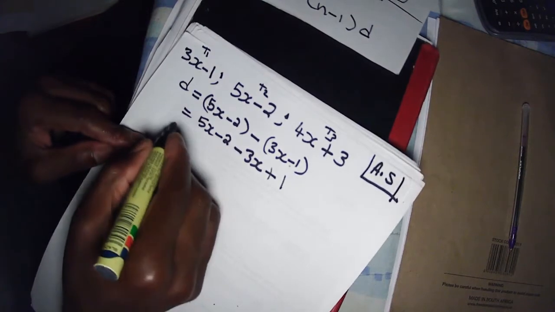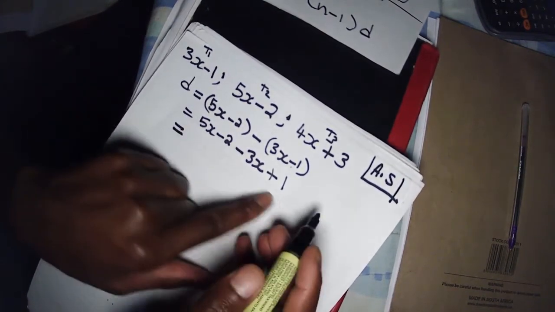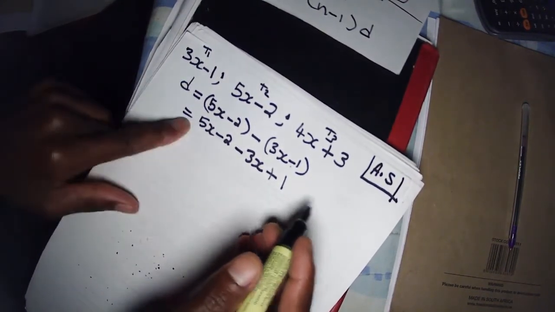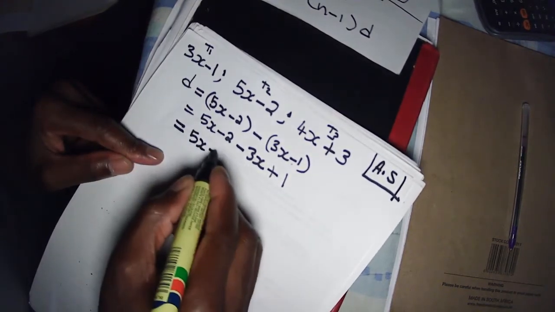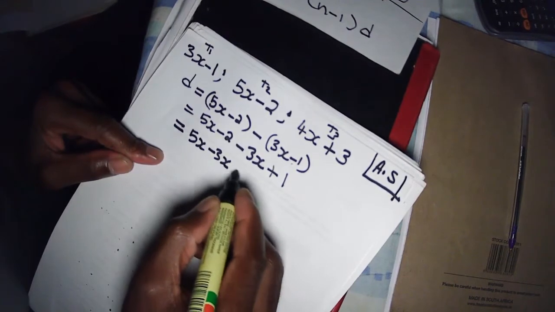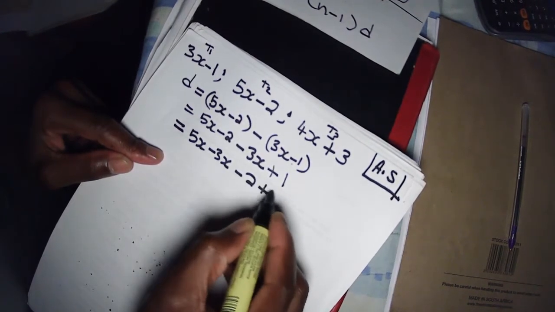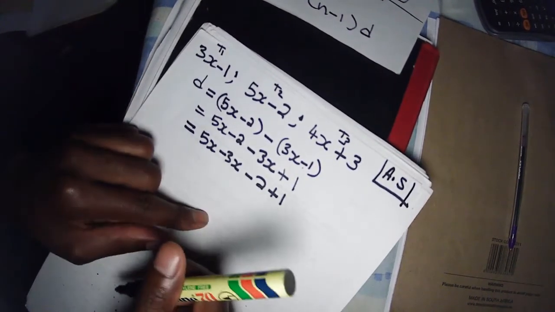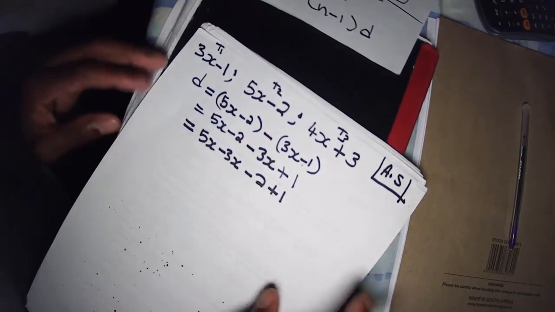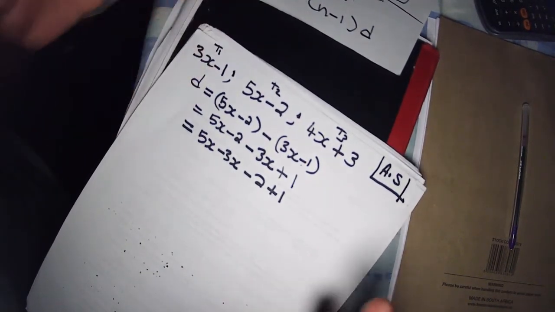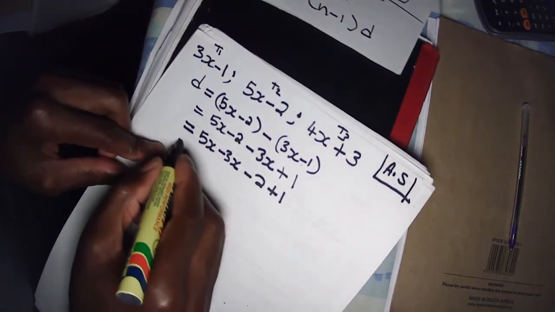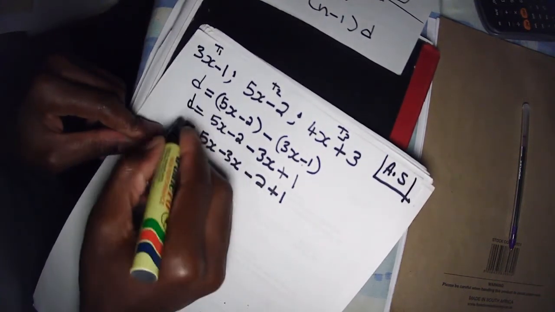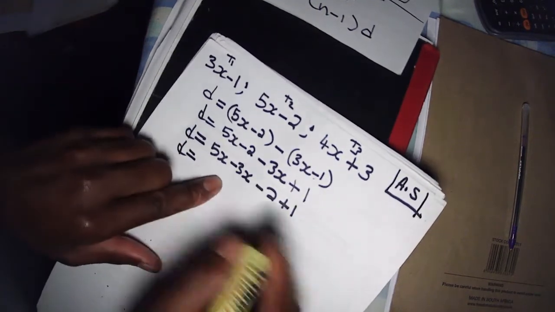All right, so let us try to simplify this further. 5x minus 3x minus 2 plus a 1. I'm being careful here.